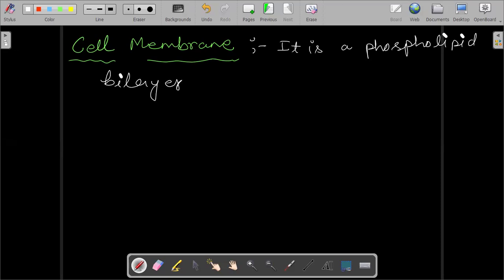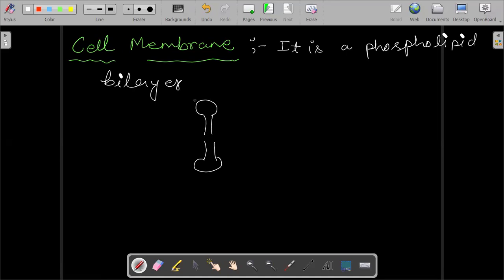Okay. Phospholipid bilayer means you have a molecule of phosphate attached to a lipid. So like this, a phosphate group attached to a lipid molecule here, and these are bilayer. That means there are two layers.